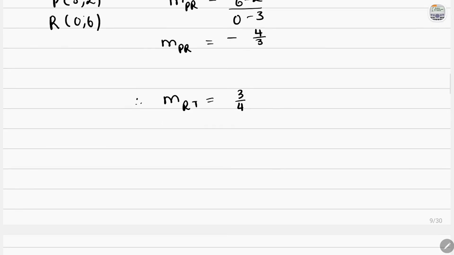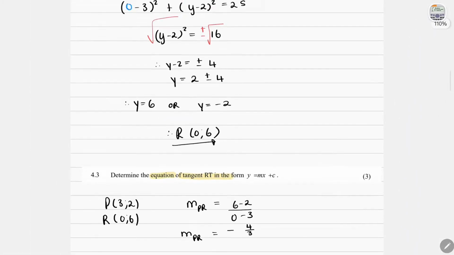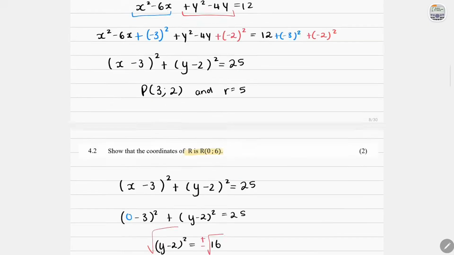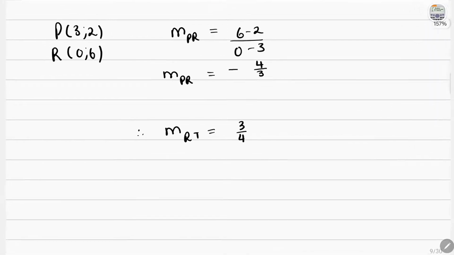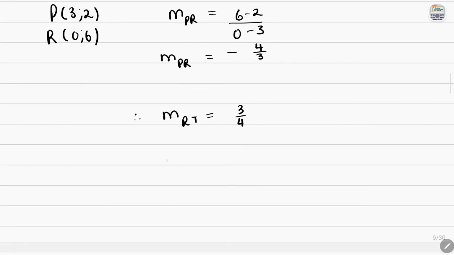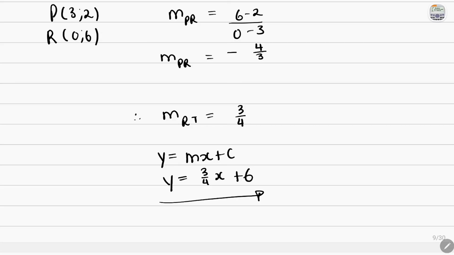So we have the gradient of RT, and we also have a point on RT: R, (0, 6). R is already a y-intercept, so you can just find it in the form of y equals mx plus c. So y is equal to 3 over 4 x, and this is a y-intercept, so c is 6. So y equals 3 over 4 x plus 6. And that is our answer.